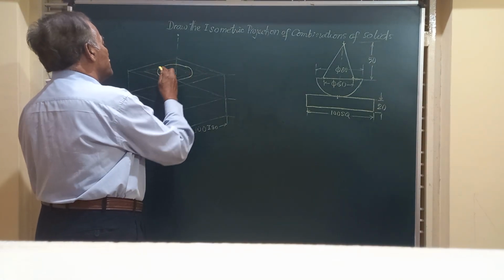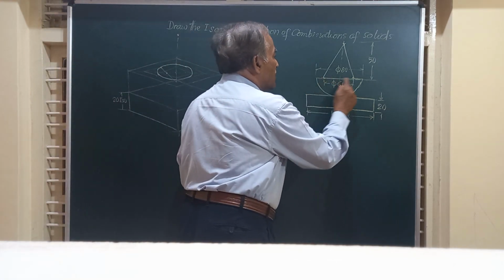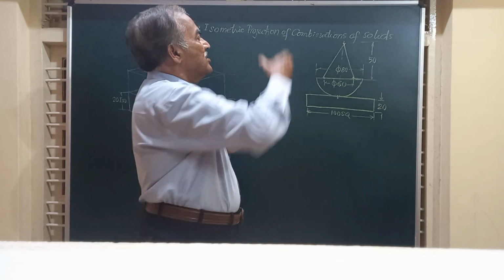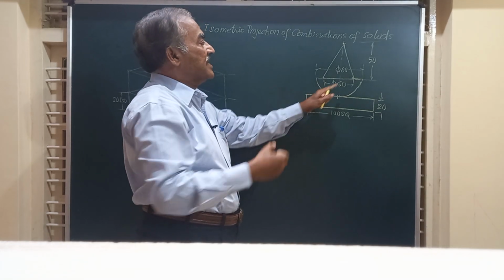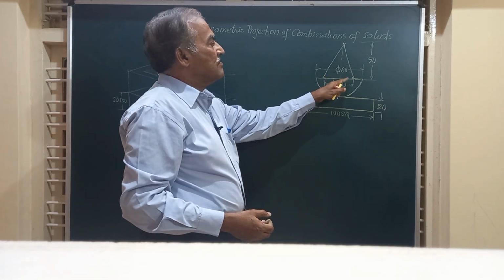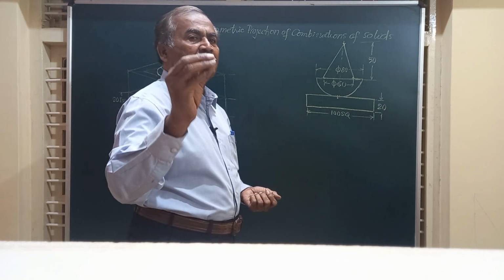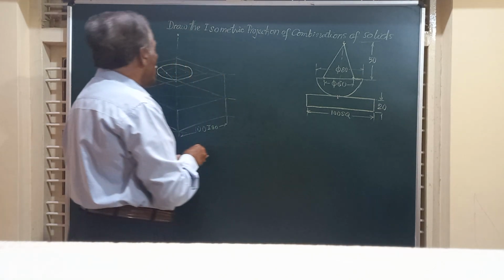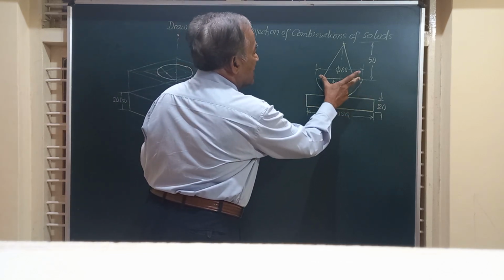Now, friends, on the center of the top face of the hemisphere, we have a right circular cone resting exactly at its center. So friends, for this base of the cone also, we are going to get a similar ellipse. So how is it to be done, friend? This is 80 and this is 60.